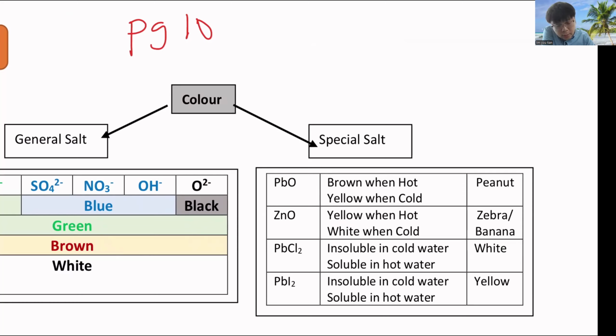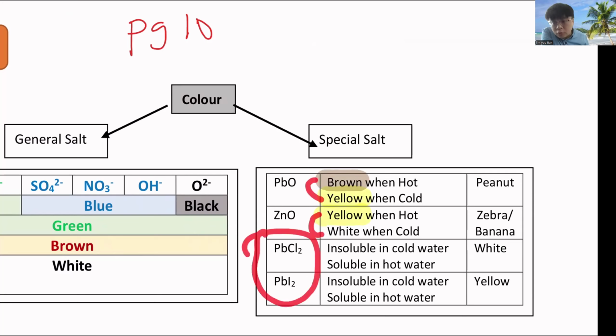Brown is darker than yellow, and yellow is darker than white. White is totally colorless, not a dark color at all. So you can see white turns to yellow, yellow goes to brown.